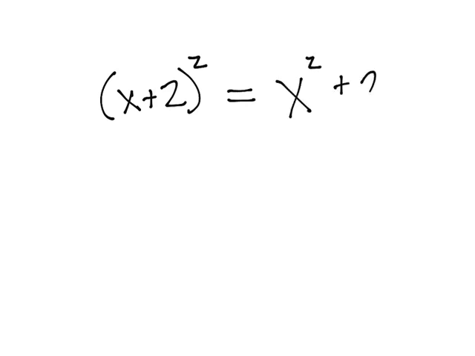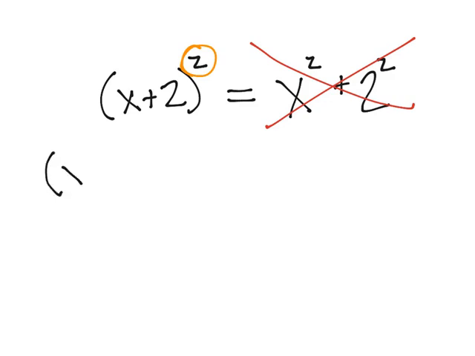I do want to look at one special case and make sure that you remember something. When given a problem such as this, the most common answer that people automatically jump to is x squared plus 2 squared. But this is, unfortunately, wrong. The key to this is to remember what squaring actually means. Squaring means that you're multiplying the value of x plus 2 times itself.